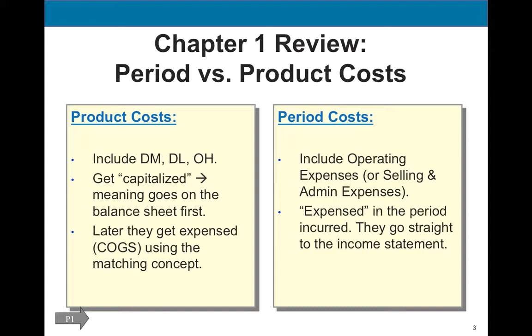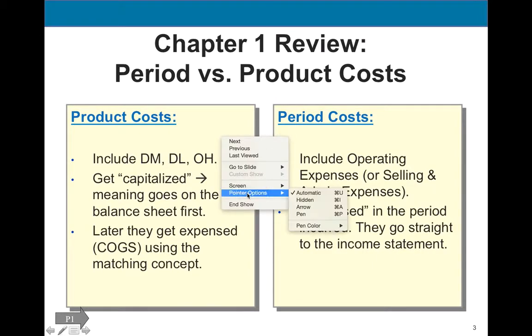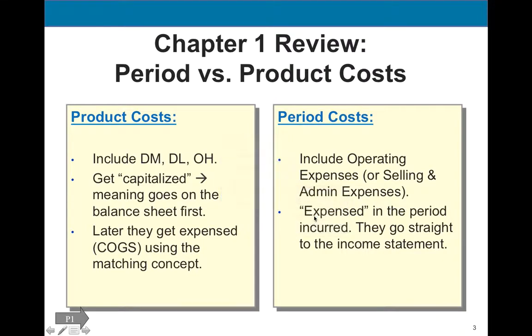So everything in this chapter is about placing fixed overhead, nothing else, just fixed overhead. We talked in chapter 1 about product or manufacturing costs. These costs go to cost of goods sold for the items that are sold.